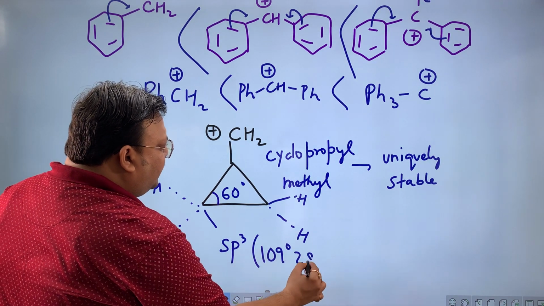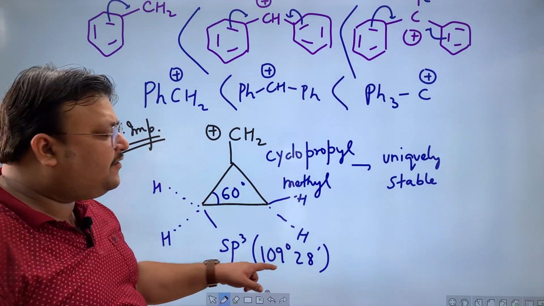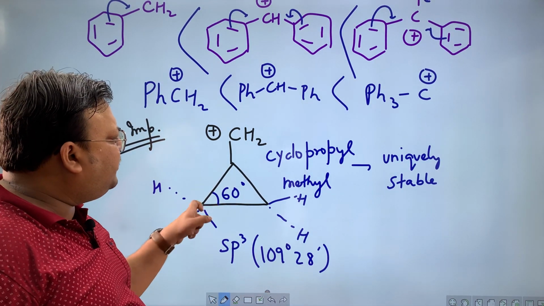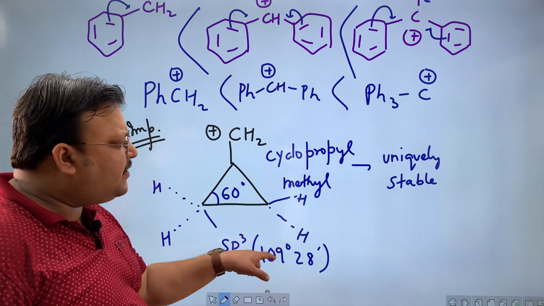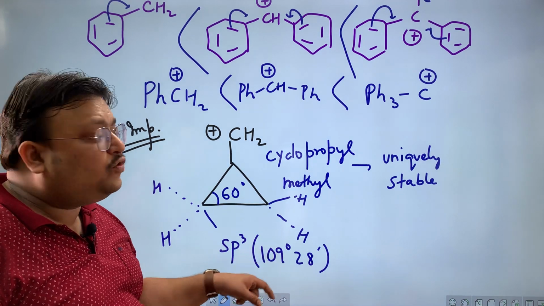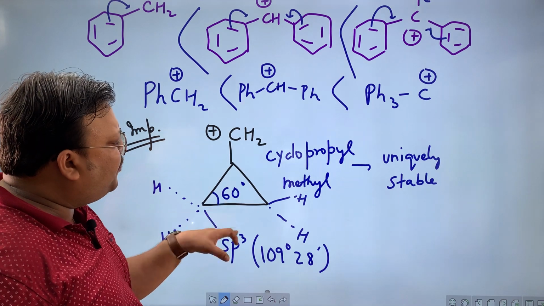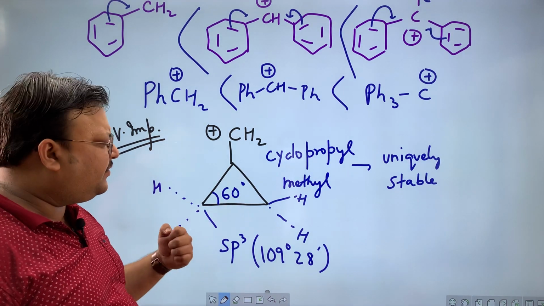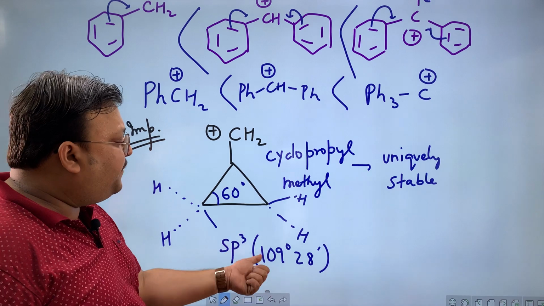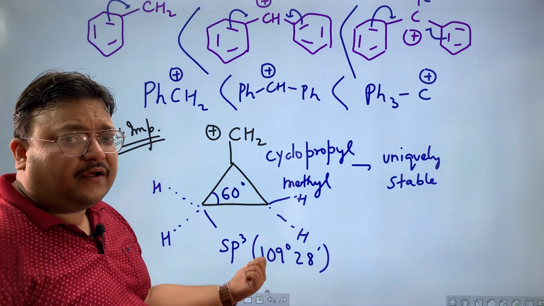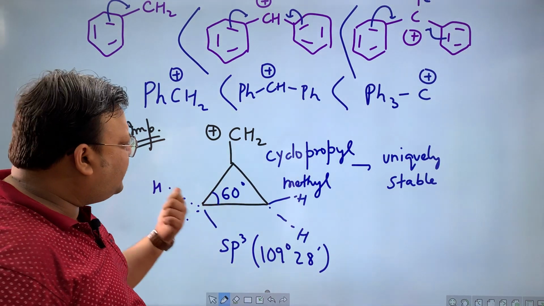Carbons are sp3, 109 degrees should be there, and the angle is 60 degrees. For this to form a triangle and a cyclopropyl ring, it's close to 60 degrees, which is almost half of what the bond angle should be.